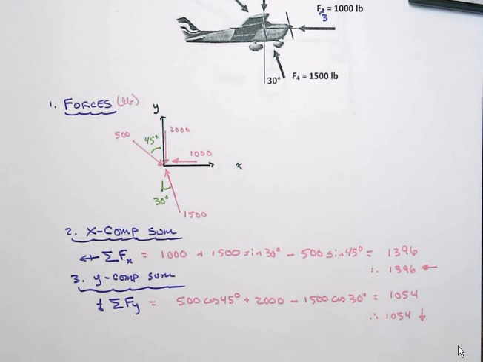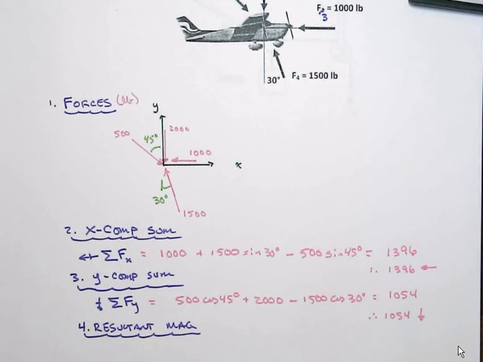Now let's find the resultant magnitude. And of course, our resultant is just square root of the sum of the squares of the individual components.